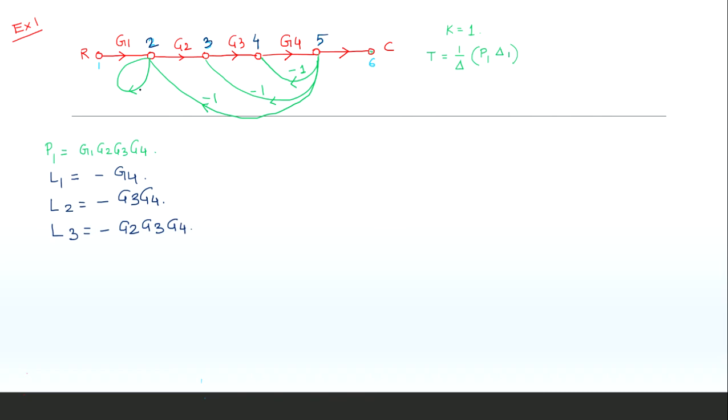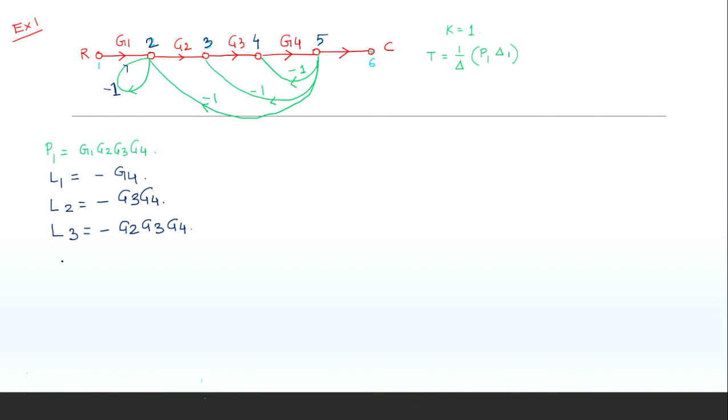Okay. Now there is another loop. This type of loop is known as a self loop. It is coming out from node 2 and then going inside node 2. So this is a self loop. I forgot to mention, this is also having a minus 1.